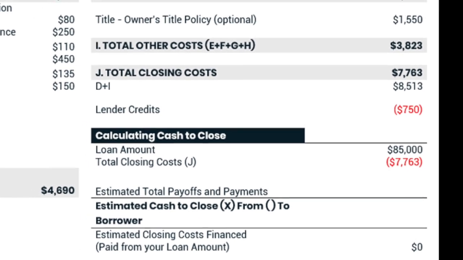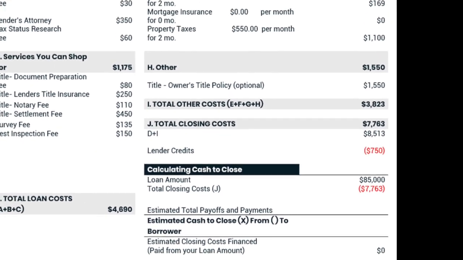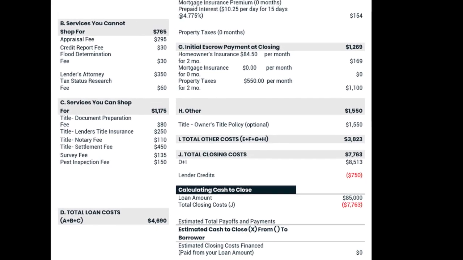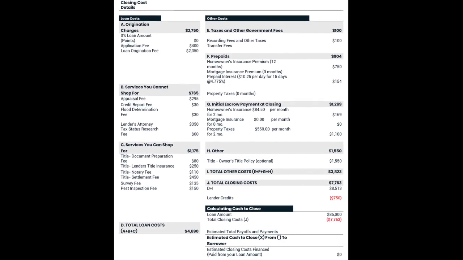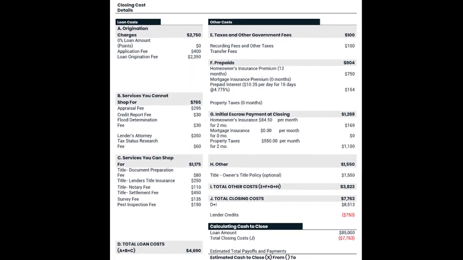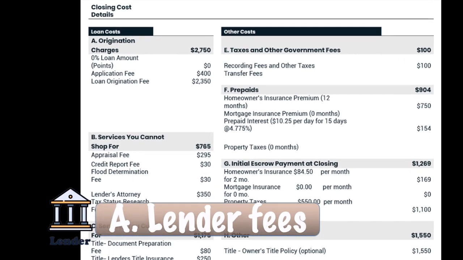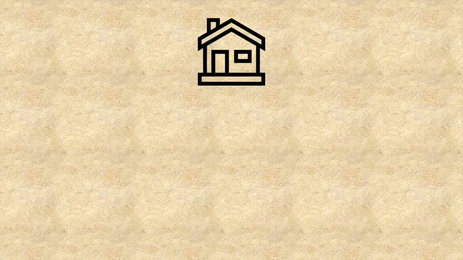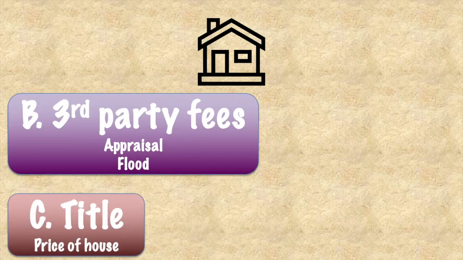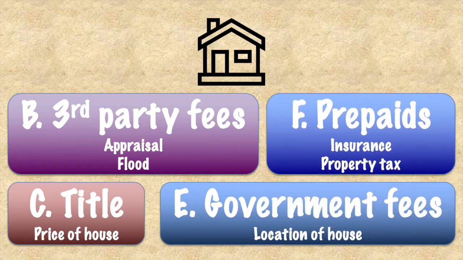Now that you have an idea of what all needs to be paid for at closing, let's go back and review why it's hard for people to tell you how much closing costs will be for you before you find a house. As you now can realize, the only fee that the lender has control over is in Section A. The house that you want to buy, its cost and location will determine things like appraisal fee, whether there's flood determination fee, how much the title insurance will be, how much is the local government fee, homeowner's insurance, property tax.